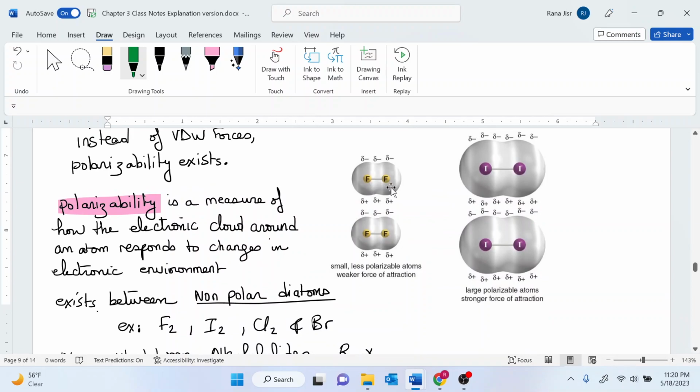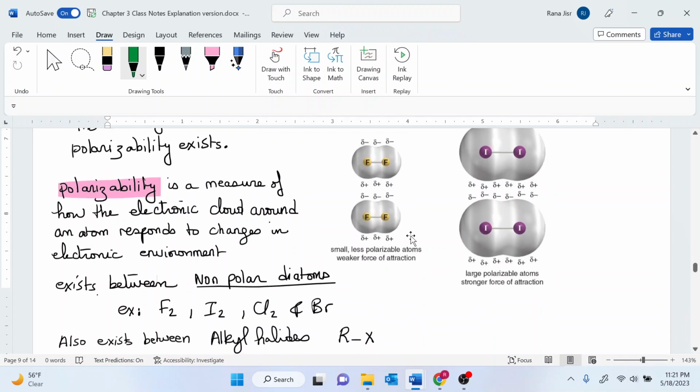If you have two diatoms coming close to each other, we know that F2 is nonpolar, right? Alkyl halides are nonpolar as well. So whenever you have those dihalides or alkyl halides coming close to each other, the halogen is going to create an electronic cloud.